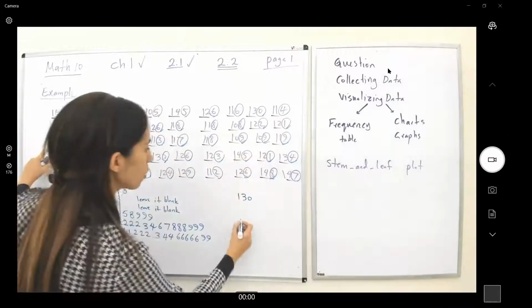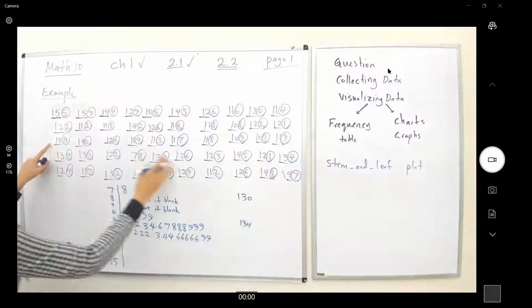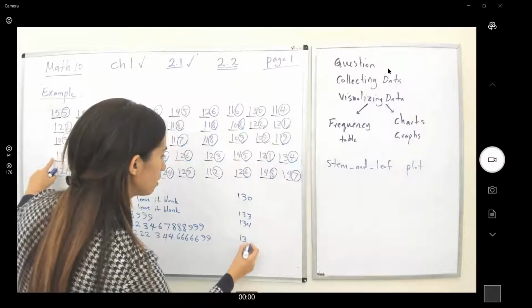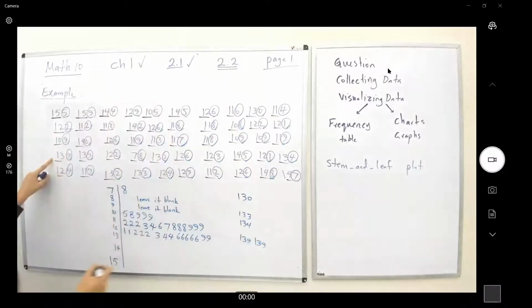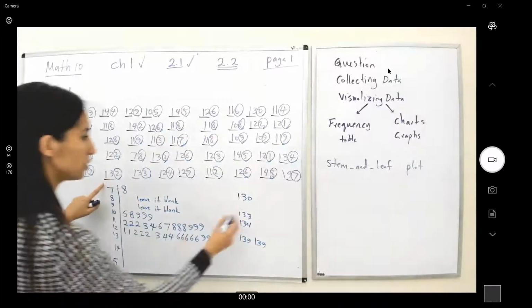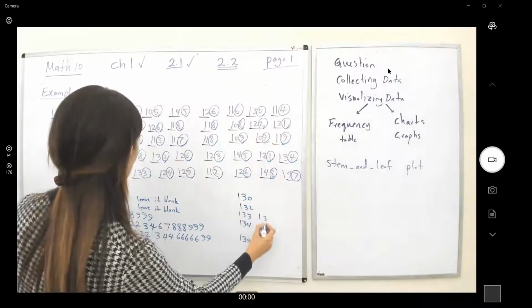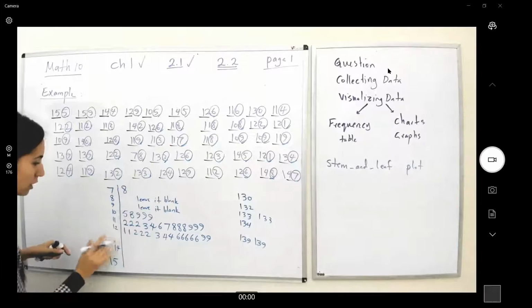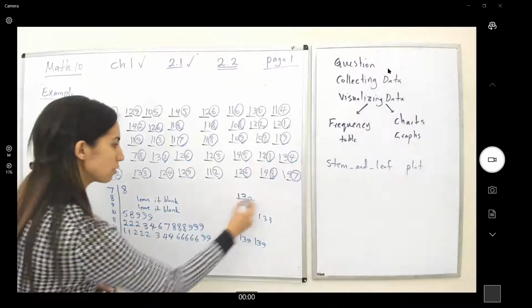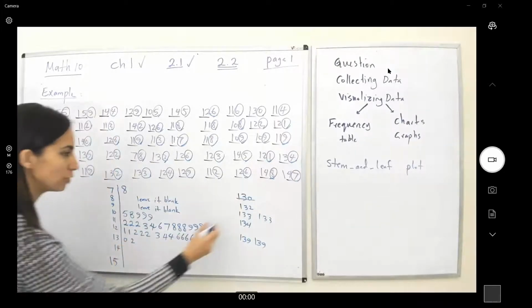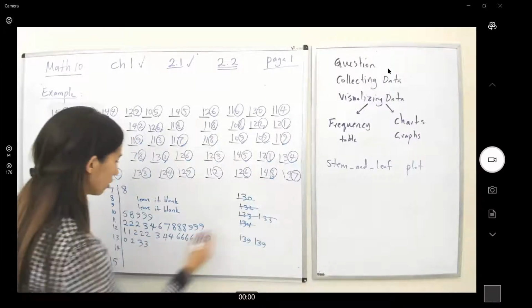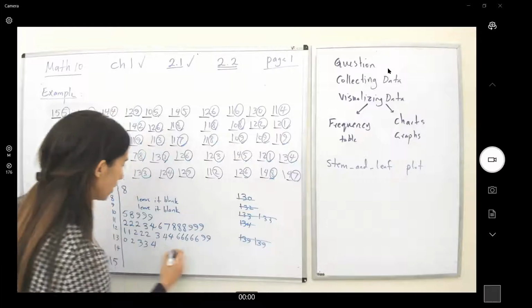Oh, 13.4, okay. 13.3, 13.9, 13.9, and let's see, 13.2, another 13.3, and we're done. So in front of 13, we're going to write 0, 2, 3, 3, 1, 4, 9, and 1.